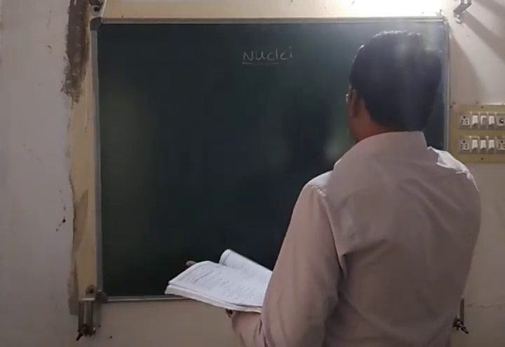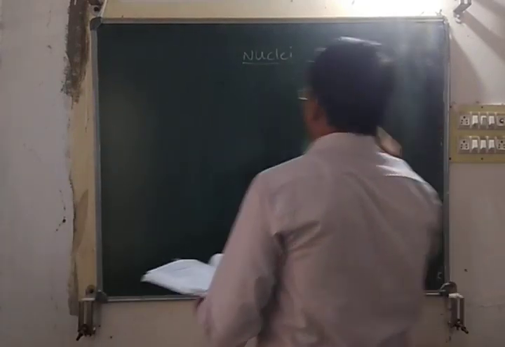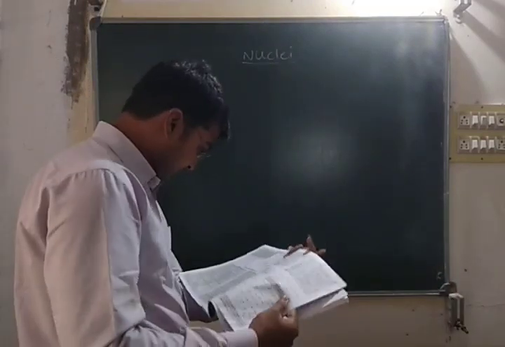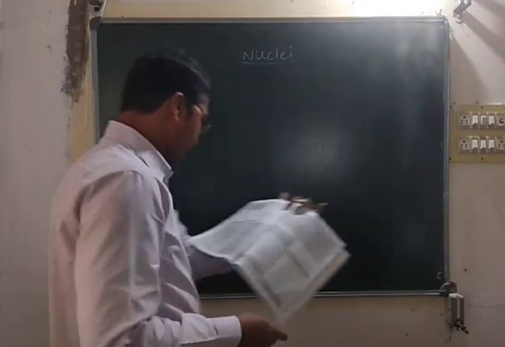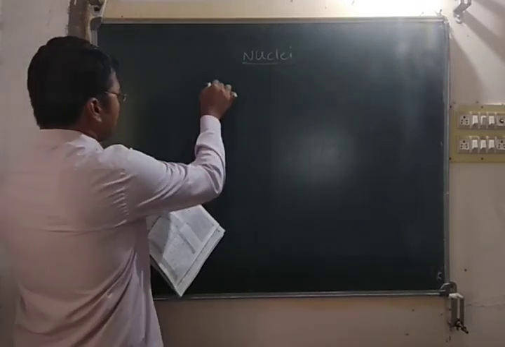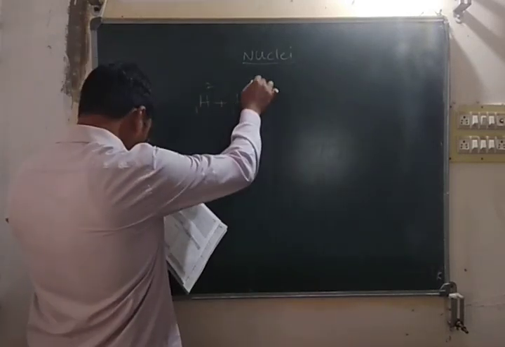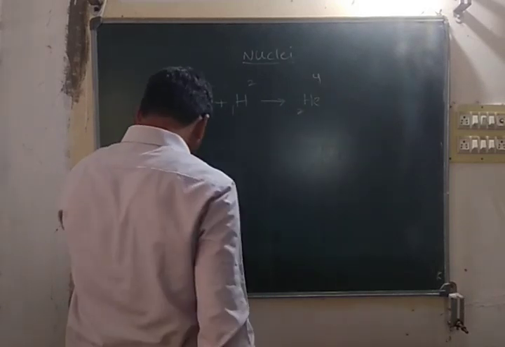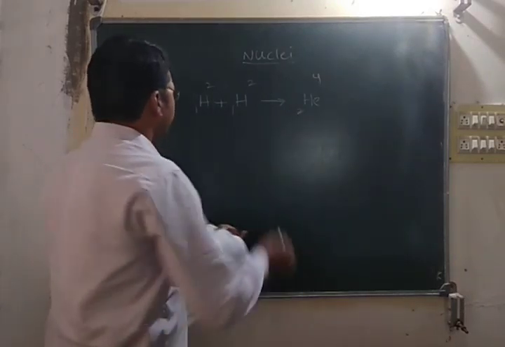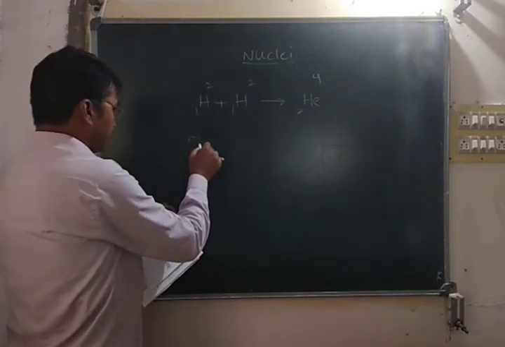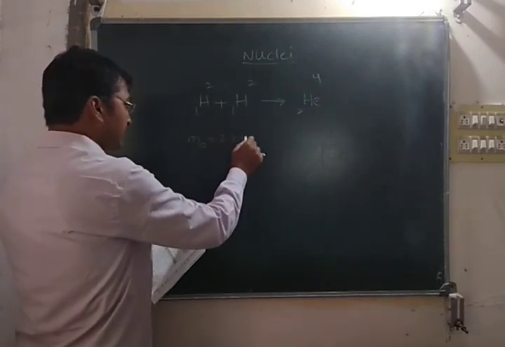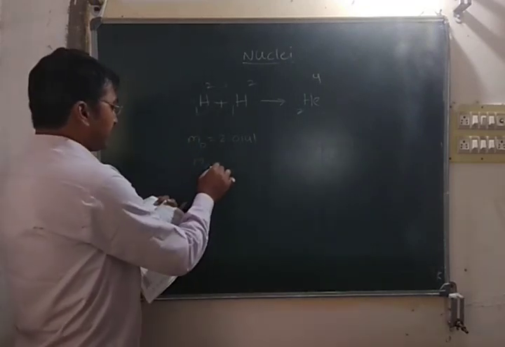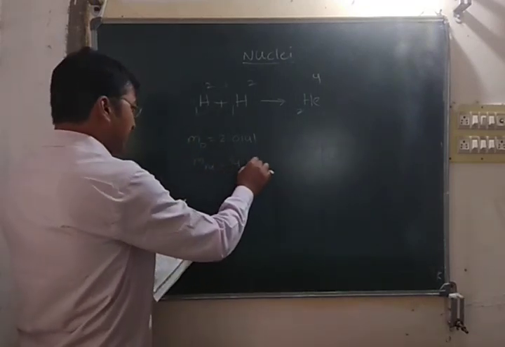Now question number 8. They mention the nuclear reaction here: H 1 2, which gives helium 2 4. They give the mass of the deuterium as 2.0141 atomic mass units, and the mass of the helium as 4.0024.